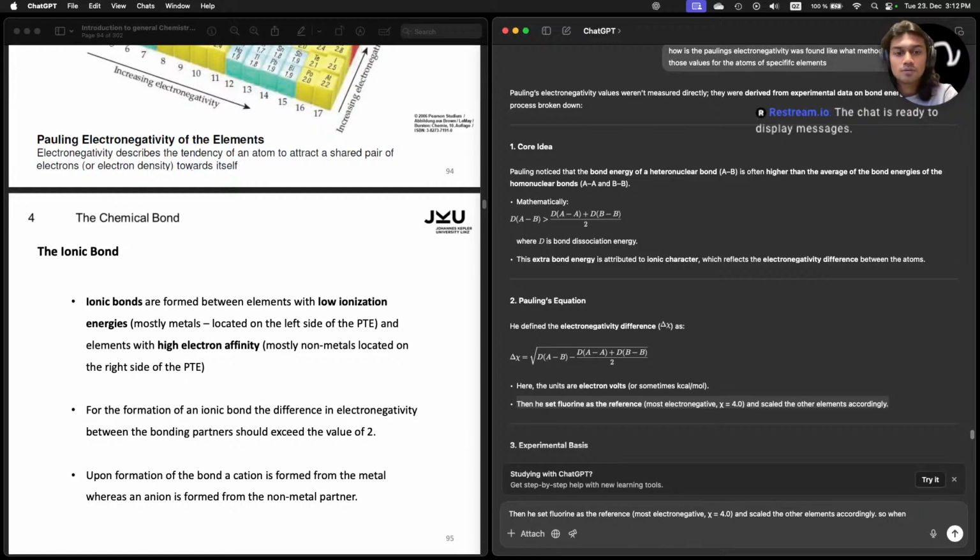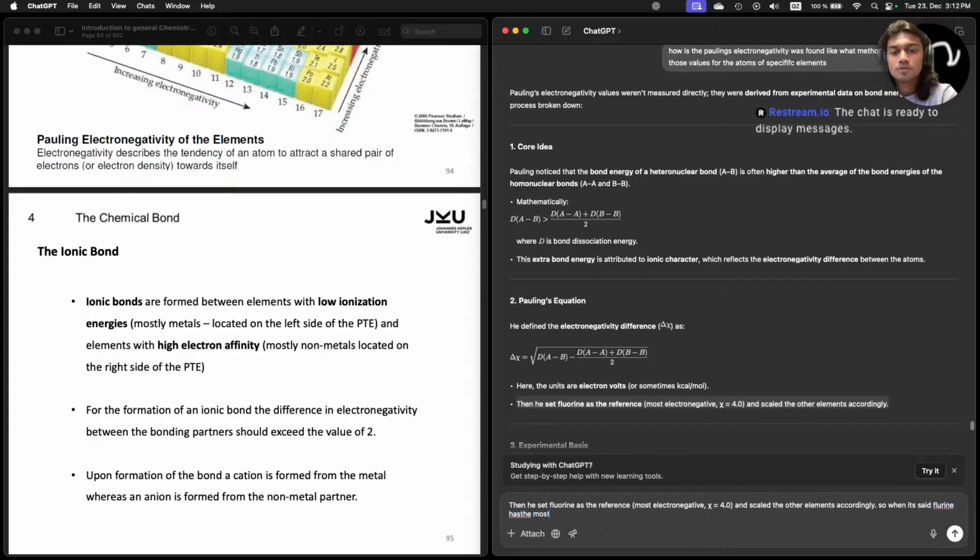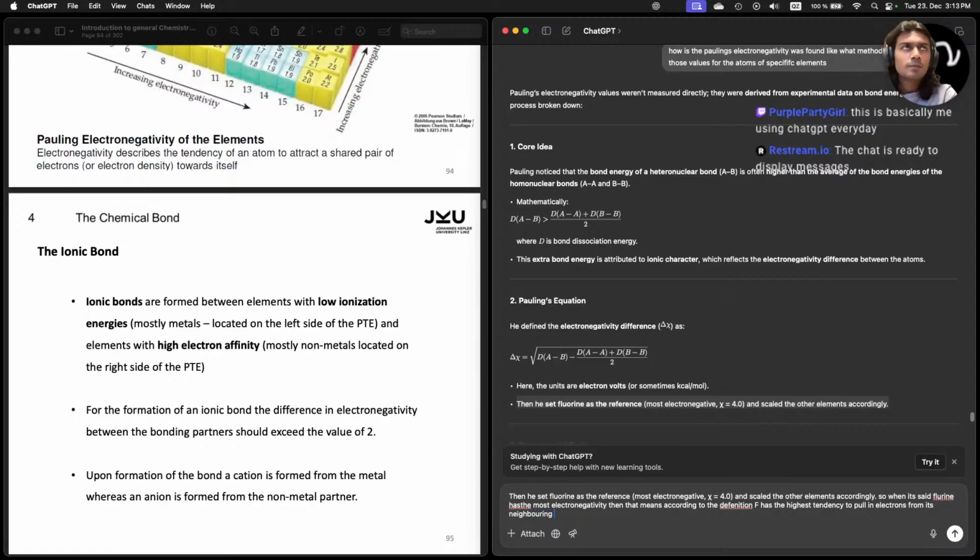So when it's said fluorine has the most electronegativity, then that means, according to the definition, F has the highest tendency to pull in electrons from its neighboring atom.